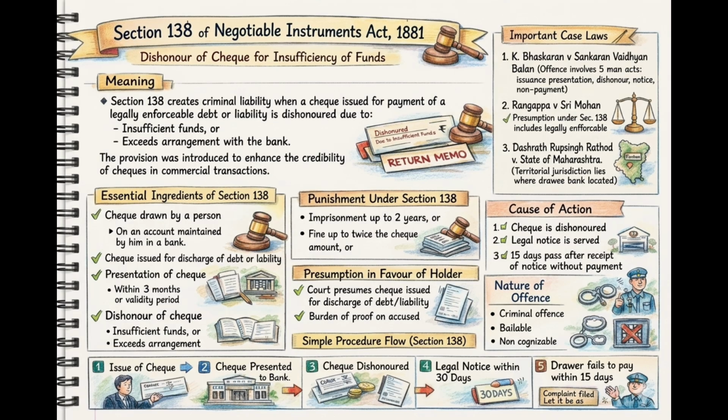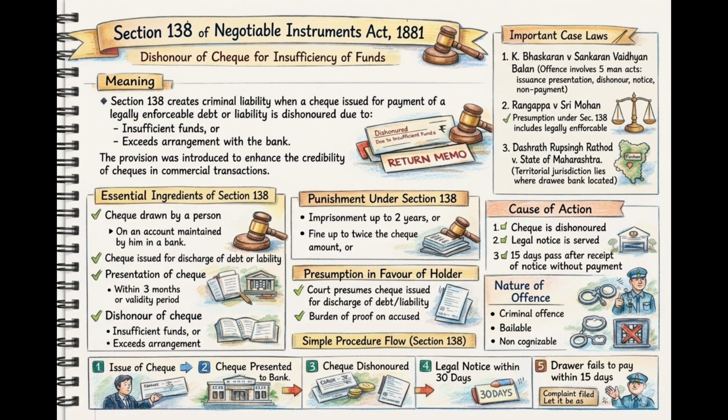The essential ingredients of Section 138 are as follows. First, the check must be drawn by a person on an account maintained by him. Second, the check must have been issued to discharge a legally valid debt or liability. If a check is given as a gift or for an unlawful purpose, Section 138 does not apply.